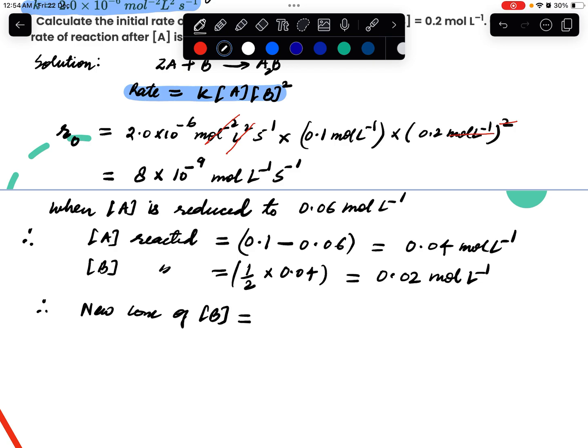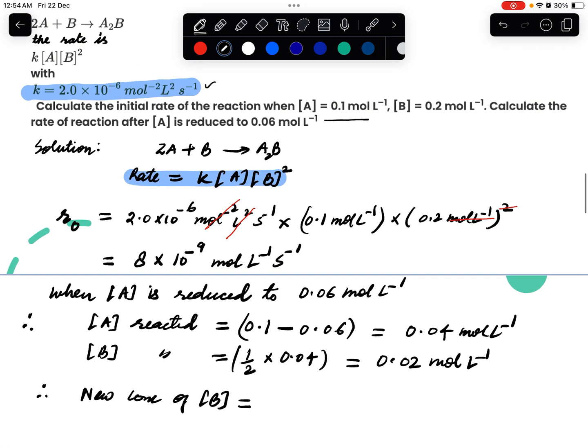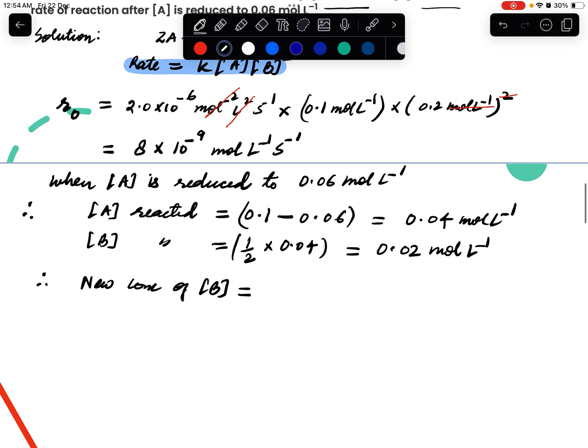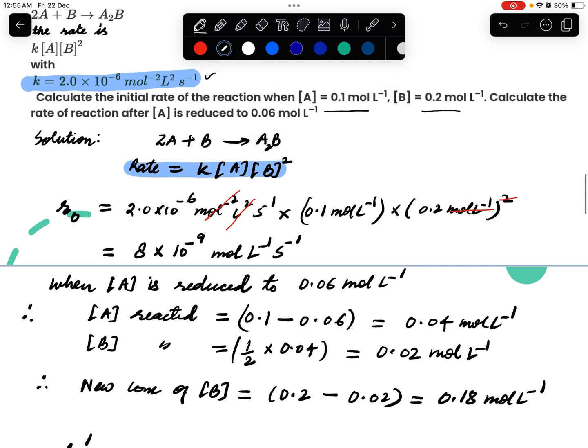Now the new concentration of B will be, initially we have 0.2 moles per liter, minus the amount reacted, 0.02, so we get 0.18 moles per liter. This is the new concentration of B. So the new rate R dash will be written as follows. Why are we doing this?